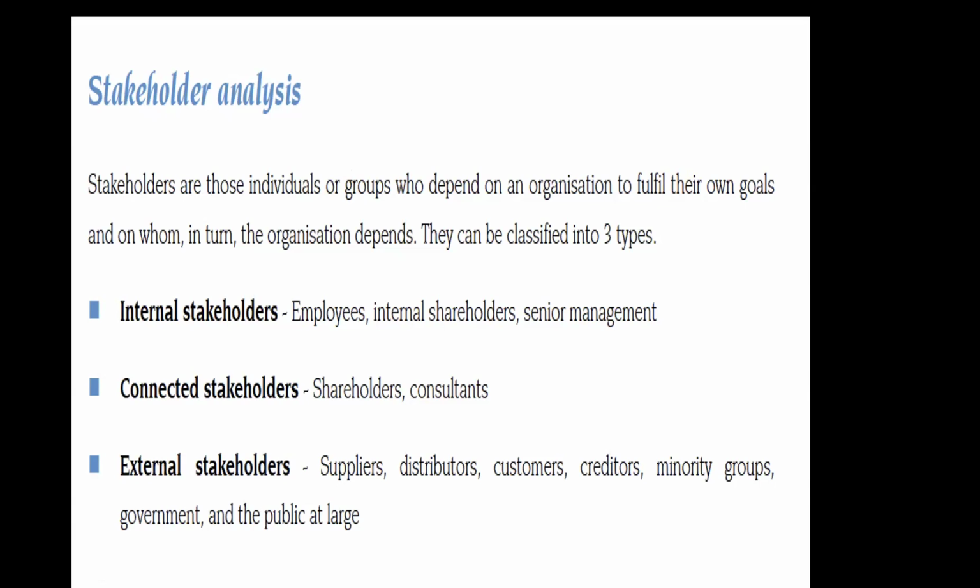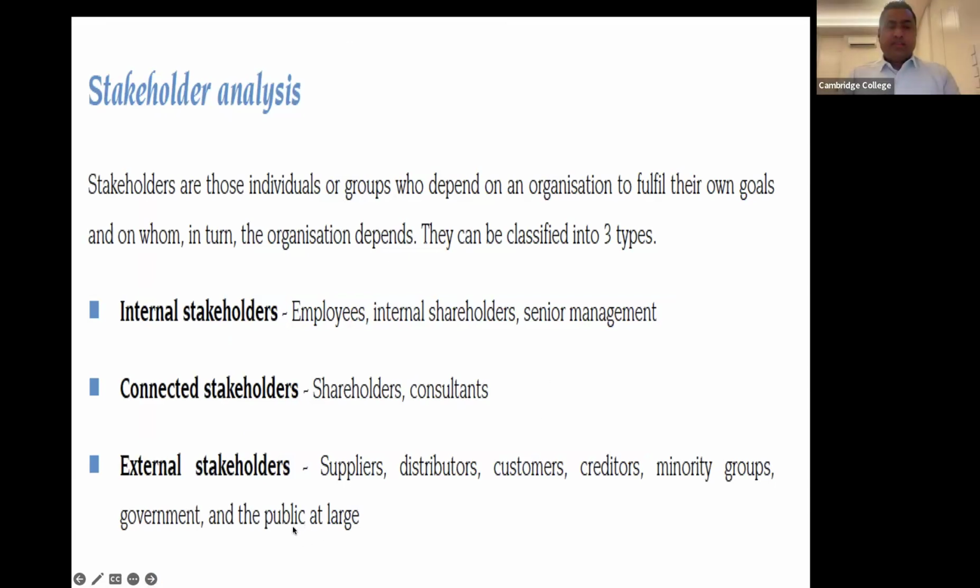So let's now look at stakeholder analysis. So guys, there are three types of stakeholders, right? Who is a stakeholder? Very simply put, a stakeholder is a person or a group that can influence the organization and its activities, or be influenced by the organization and its activities.